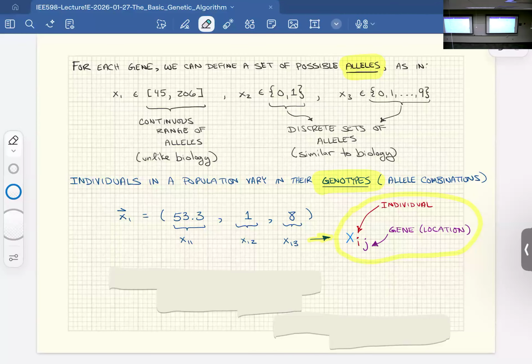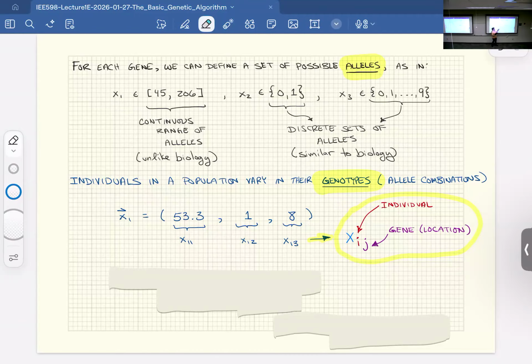So individual 1 is a vector with these three variables. Each variable is a gene. The particular gene variants that this individual has are listed right here. So individual 1 has allele 53.3 at location 1, has allele 1 at location 2, and allele 8 at location 3.